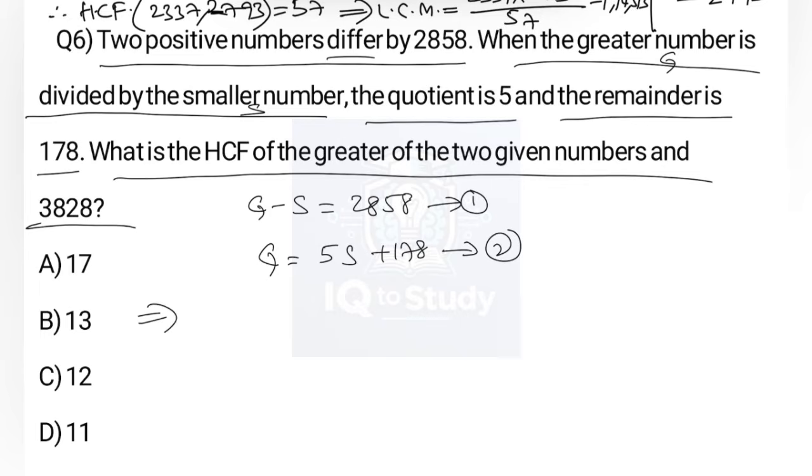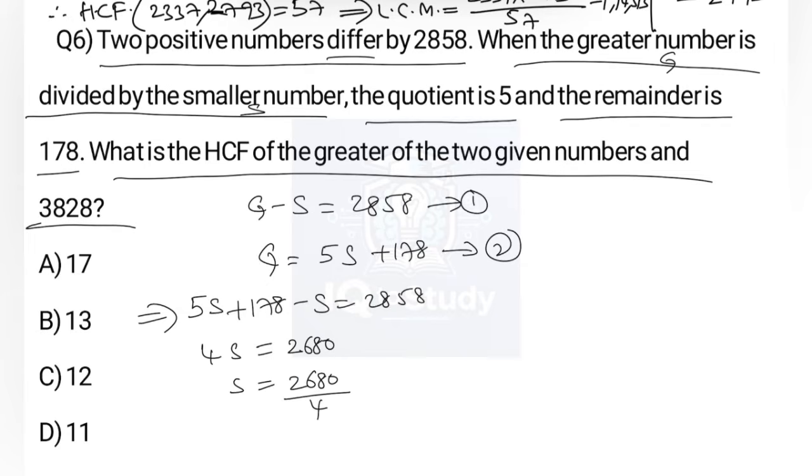It becomes 5S plus 178 minus S is 2858 and 4S is equal to 2680, which becomes S is equal to 2680 by 4, that is 670.